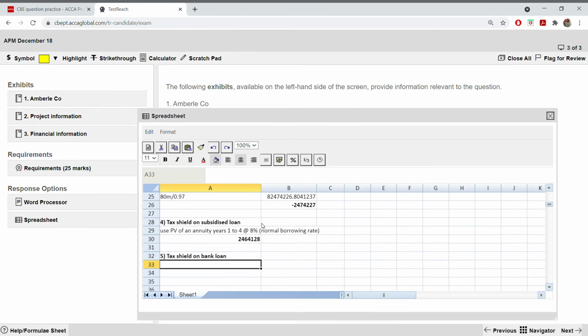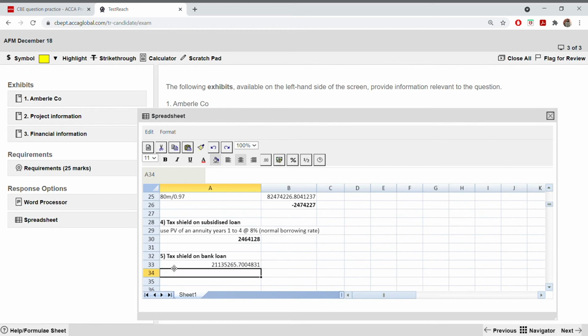The annuity factor we just got is 3.312 based on 8%, and anyway the interest rate for the bank loan is 8%. So equal to 70 divided by 3.312, because that's the annuity factor. It's better that you put it in terms of million. So 123, 123, 6 zeros plus 1 from 70, so 7 zeros.